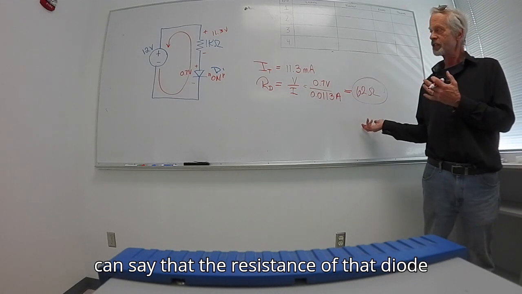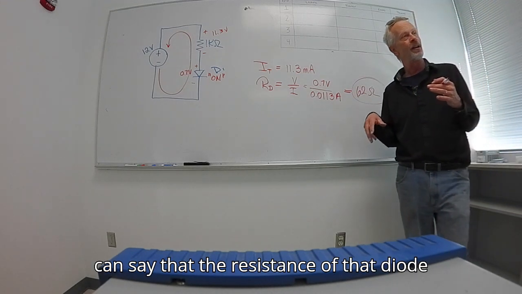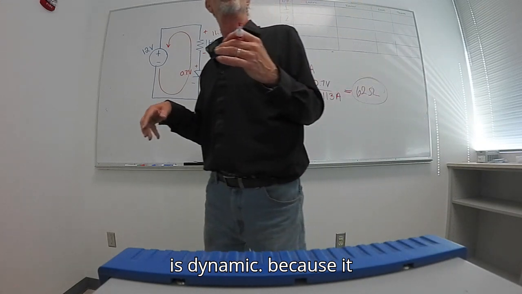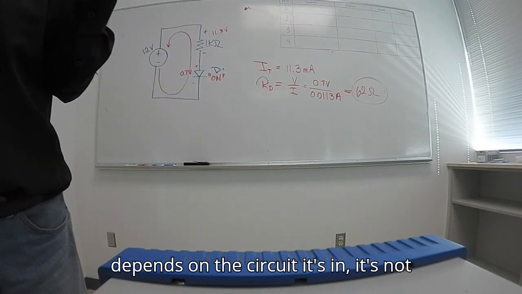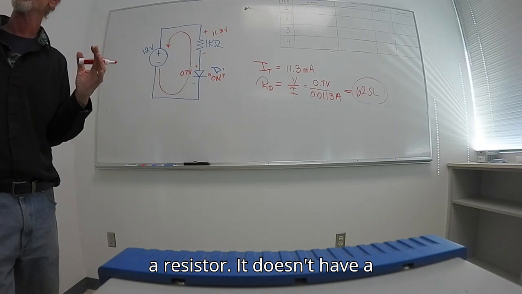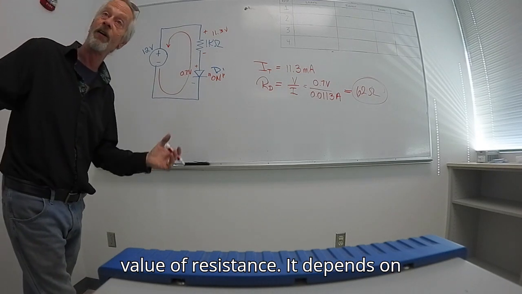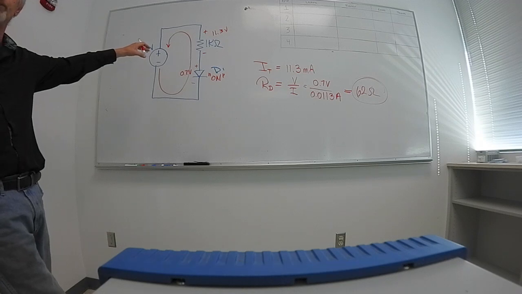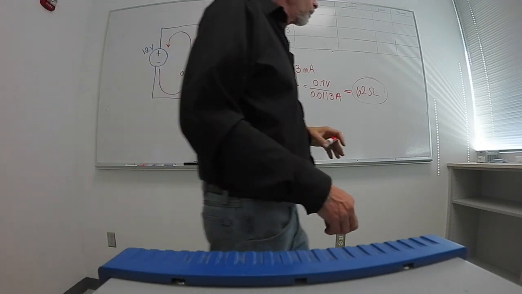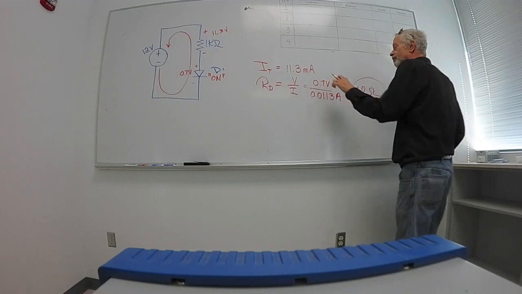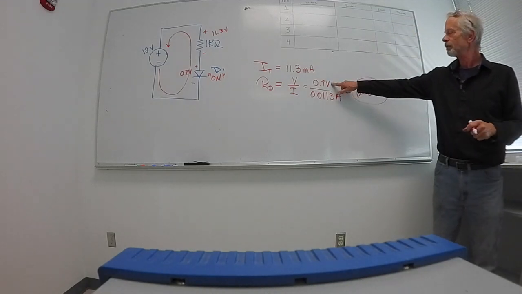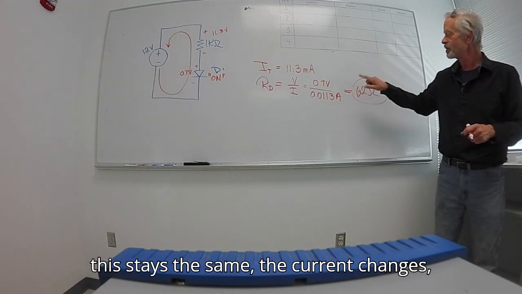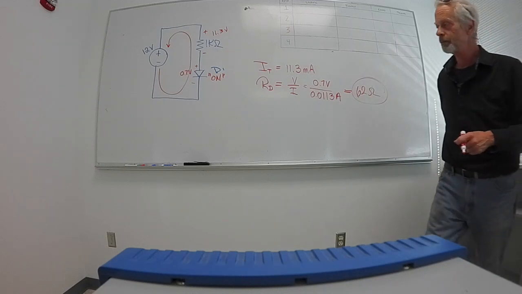So we can say that the resistance of that diode is dynamic because it depends on the circuit it's in. It's not a resistor. It doesn't have a value of resistance. It depends on the circuit. We change the current, this stays the same, the current changes, that has to change.